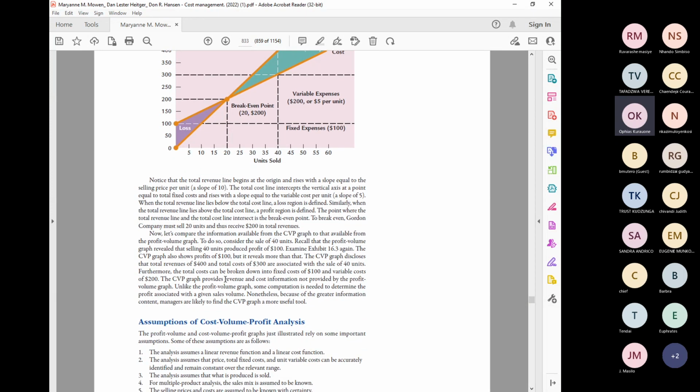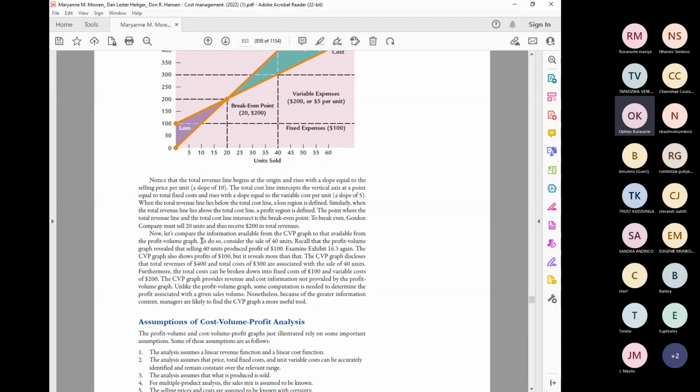The analysis assumes that price, total fixed cost, and unit variable cost can be accurately identified and remain constant over the relevant range. So we are saying you don't change the price of the product. If the price of the product is 2 million, it remains 2 million.